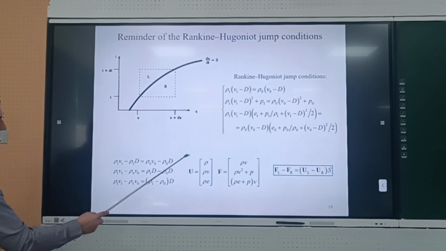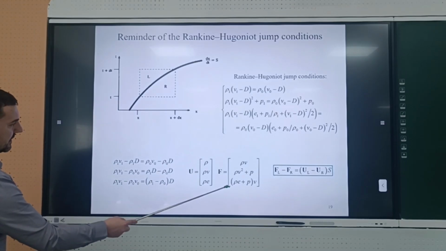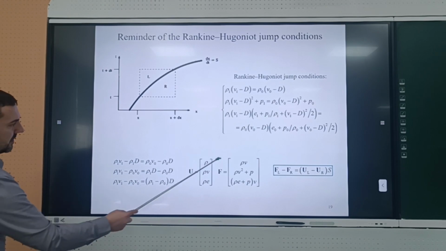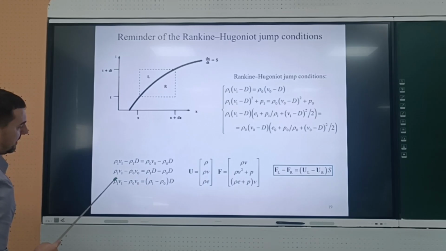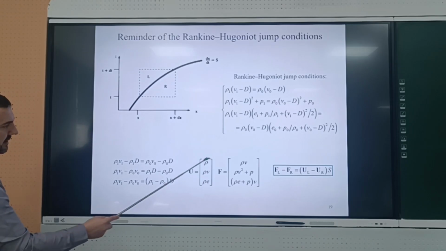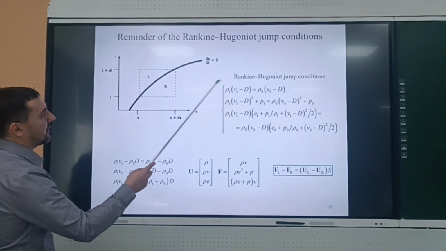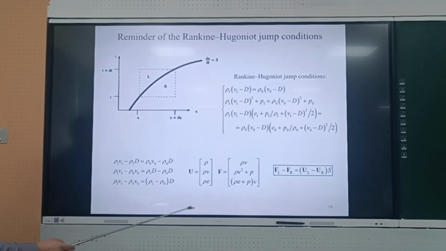And if you introduce the conservative variables vector and flux vector, you can easily see that indeed this is the component of the flux vector, rho v, and this is the component of the conservative variables vector, and this is D. So this is just an illustration that this formula is, generally speaking, valid. Once again, you can rewrite your Rankine-Hugoniot jump conditions in this form.